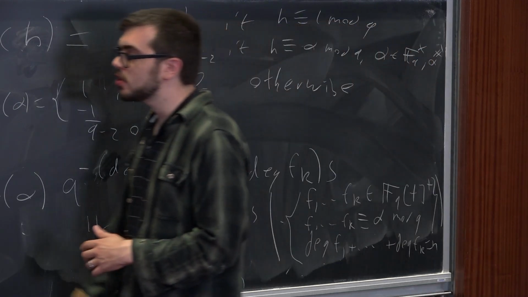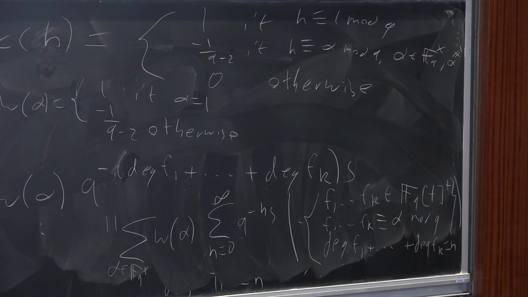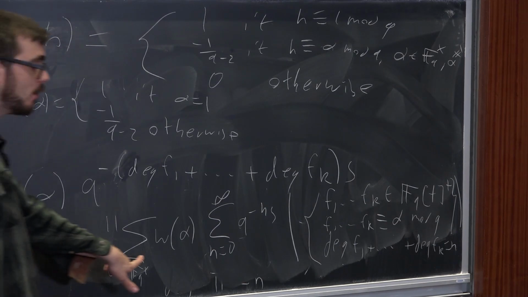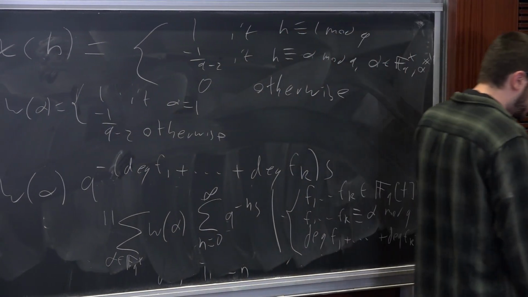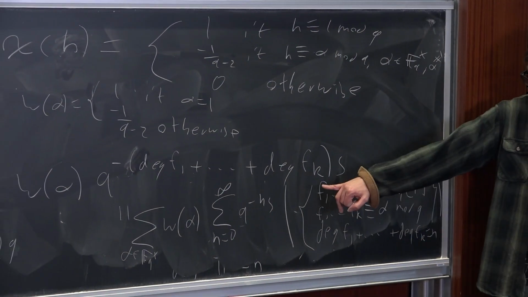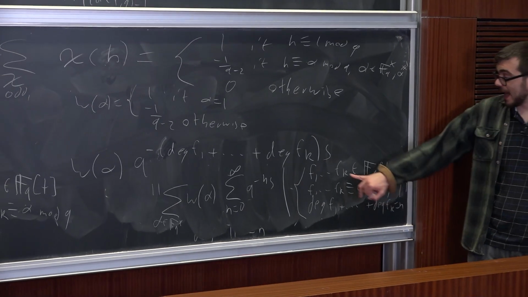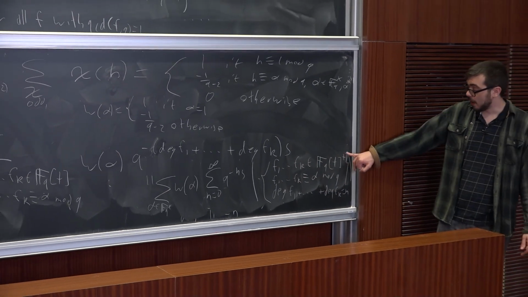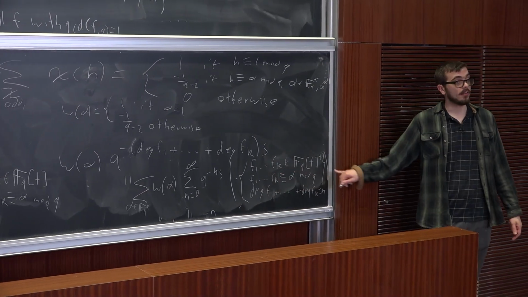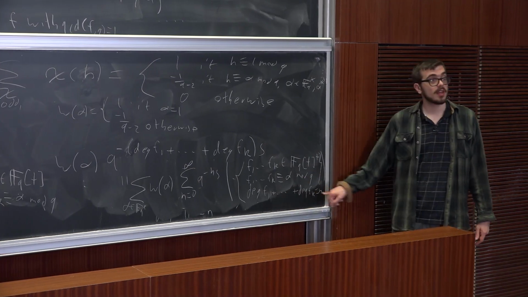So the original problem of moments of L functions, if you expand it out and use this identity, becomes a counting problem. For each element of Fq cross and each non-negative integer, we've got to count tuples of monic polynomials whose product is congruent to alpha mod g, and whose degrees sum to n.